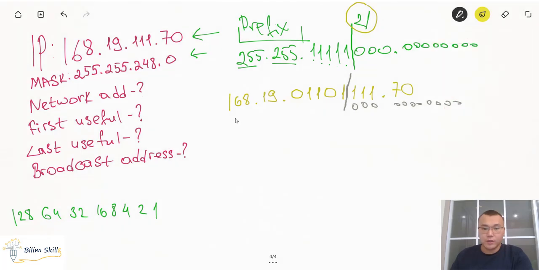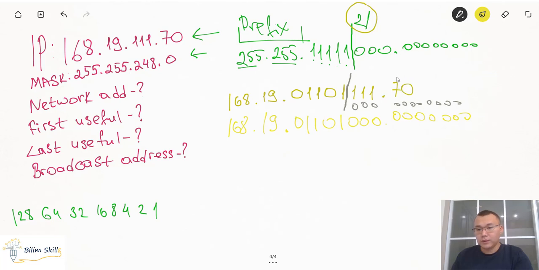The first octets stay as they are, and here we have 1 0 1 1 0 1 followed by 0 0 0, and then all zeros, because after the slash identifying the prefix we changed all the ones to 0.